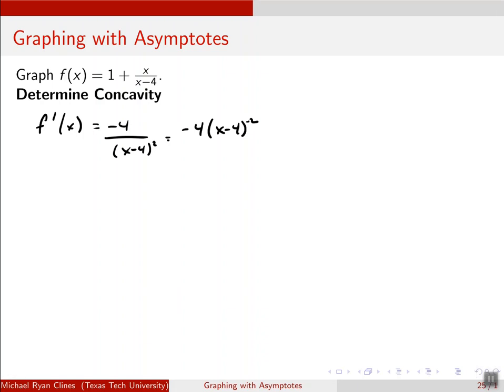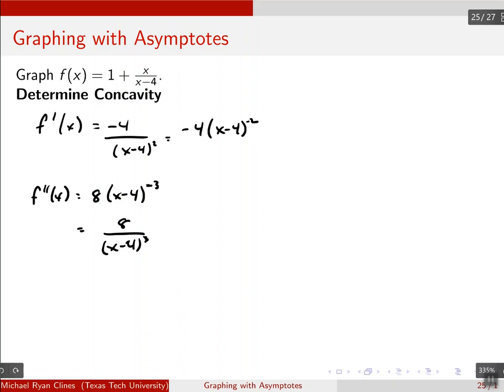You'll see why in a second why I rewrote it like that. Makes it easier to differentiate. So that's our first derivative. Now our second derivative, f double prime of x, well, that's just equal to 8 times x minus 4 to the negative 3. Just the power rule, which is equal to 8 over x minus 4 cubed. So that is the second derivative of our function.